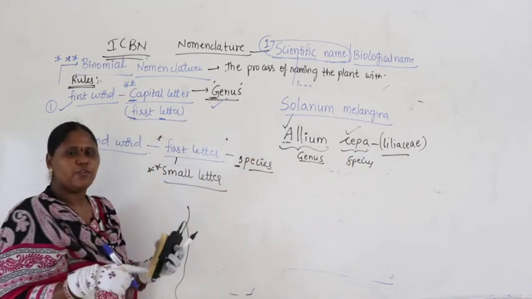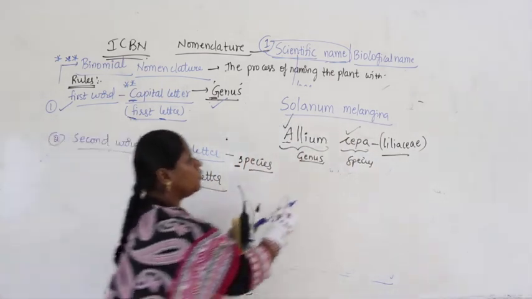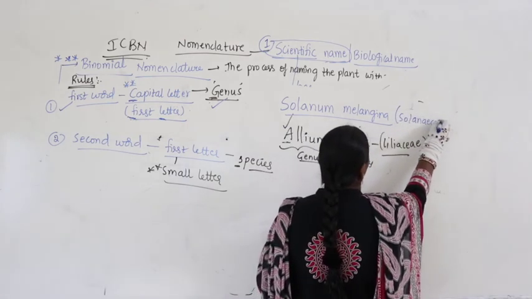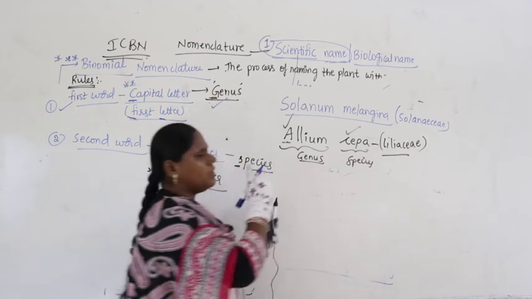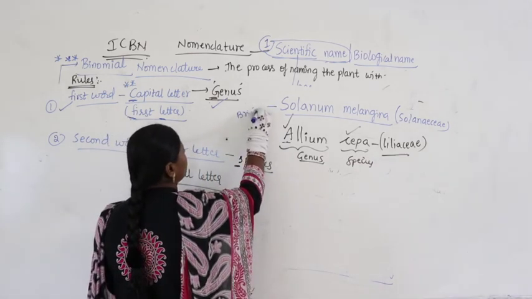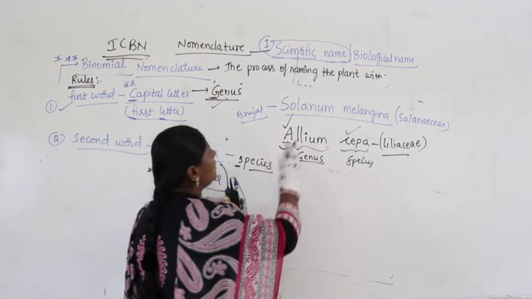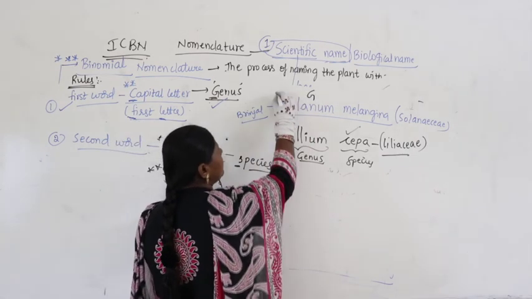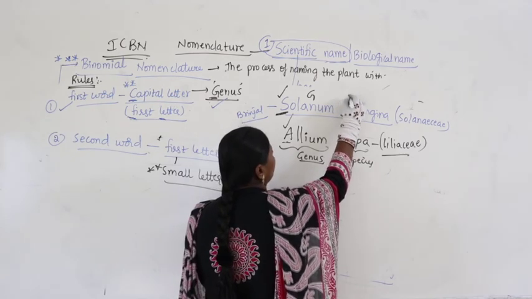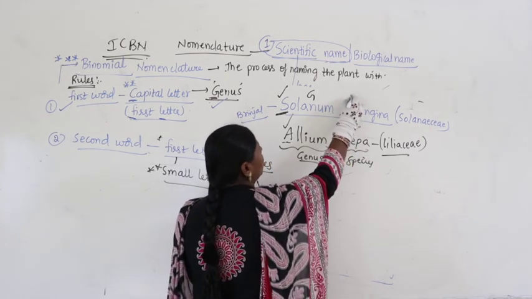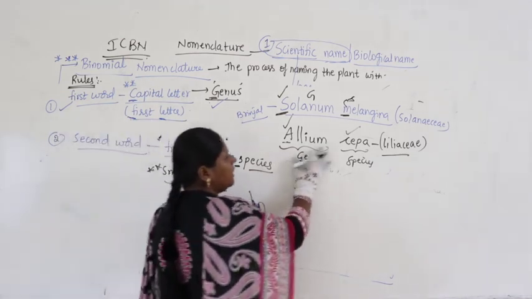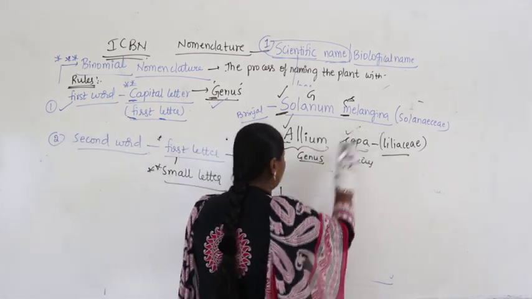This is the scientific name for brinjal, and it belongs to the family Solanaceae. In this, Solanum is the genus name with a capital first letter, and melongena is the species name, which should start with a small letter. So we are taking one example for Liliaceae, another for Solanaceae.